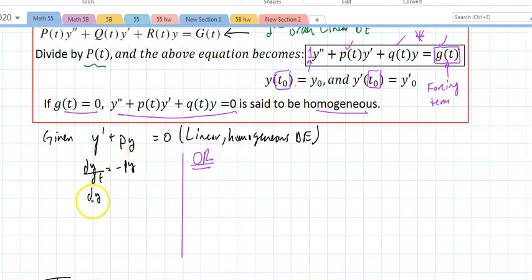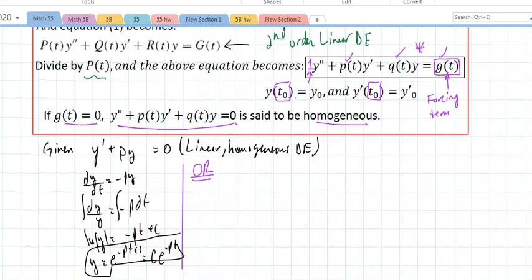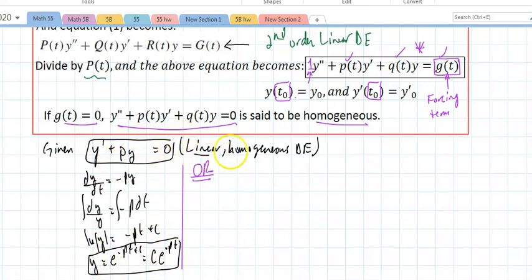And if you separate and integrate, y would equal e to the negative pt plus c, which is c e to the negative pt. That's the solution to this first order linear homogeneous differential equation.